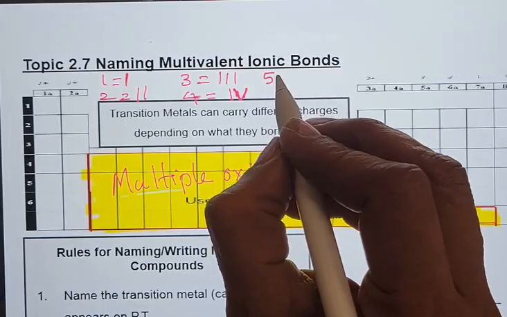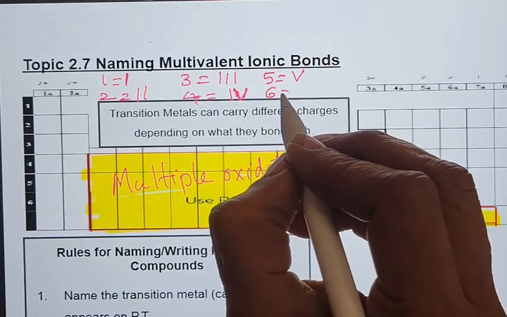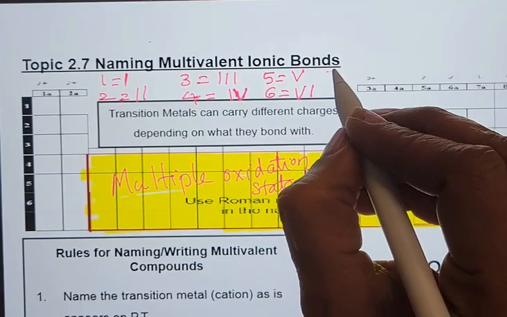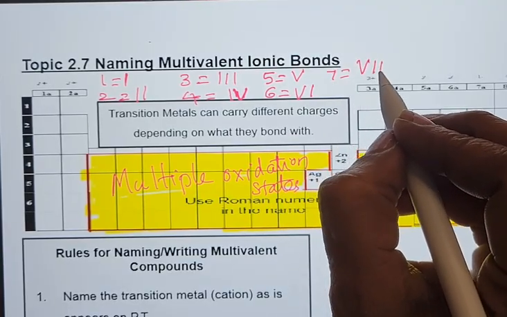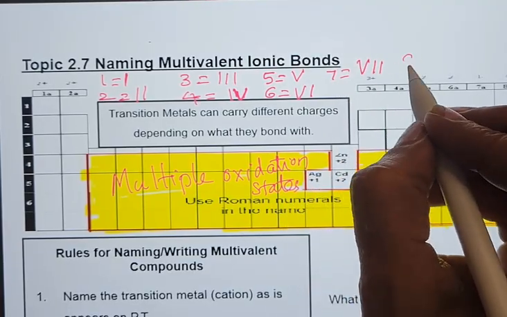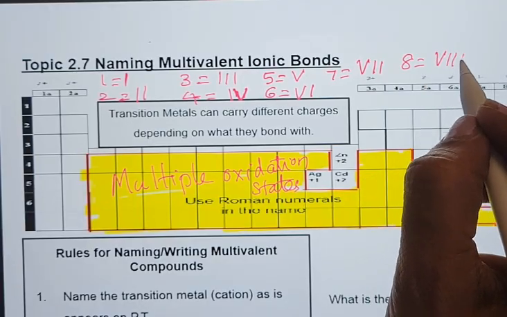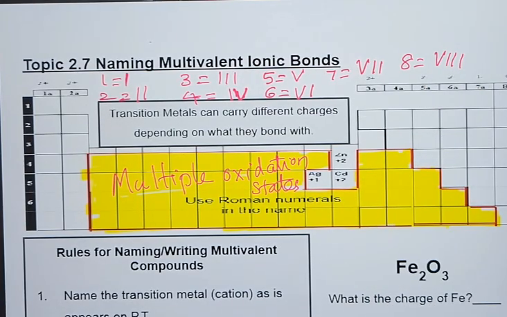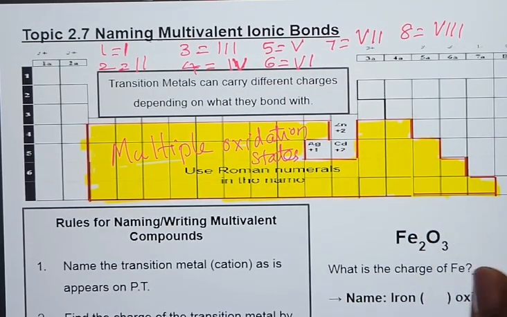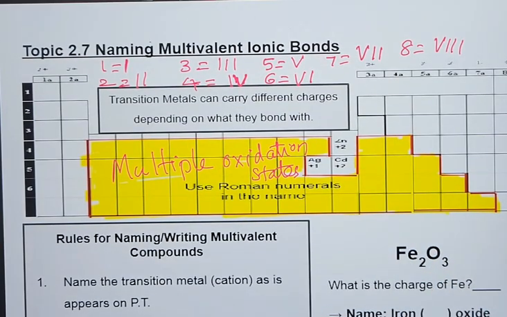And 5 will be V, 6 will be VI, 7 will be VII, 8 will be VIII. We need only up to this for your assessment, but what is 9? IX. What is 10? X. Okay, so you're done writing that? Memorize that. It's not a big deal. I think most of you already know that. You just need a refresh.